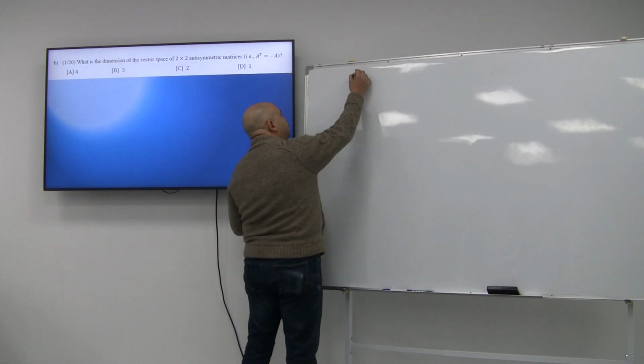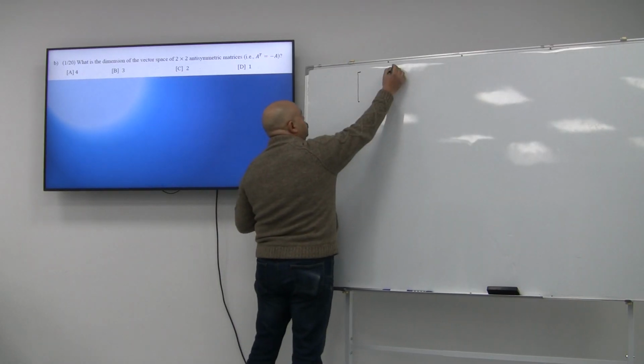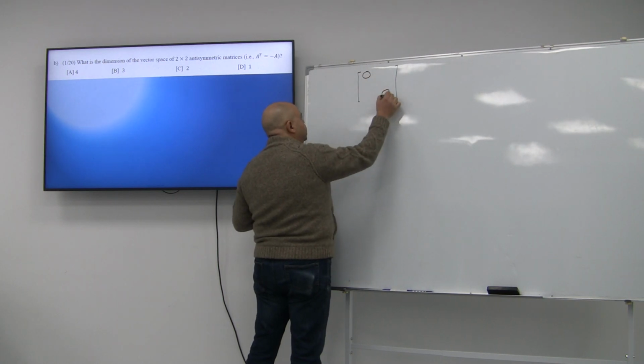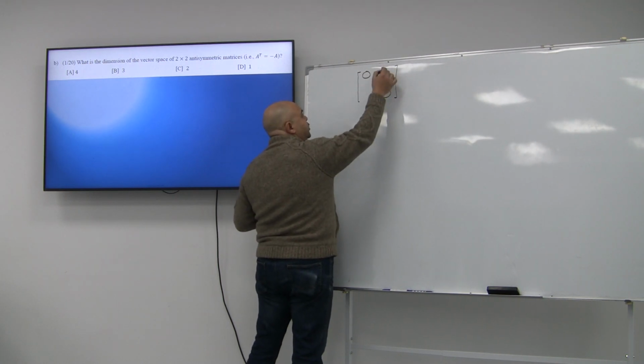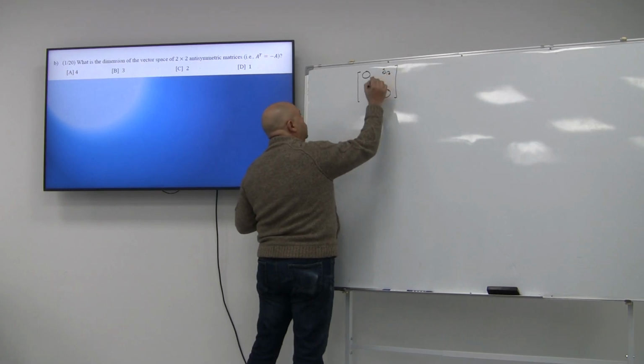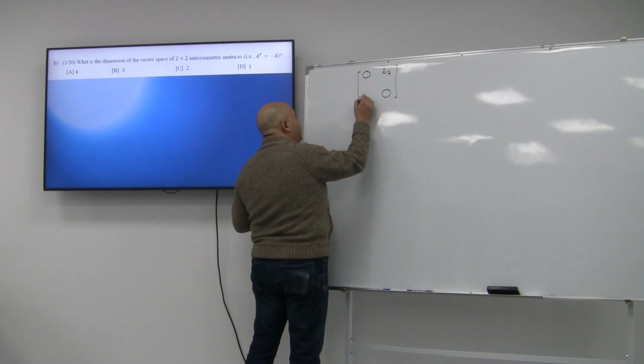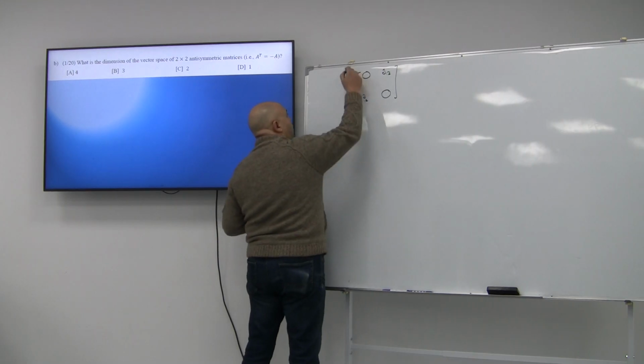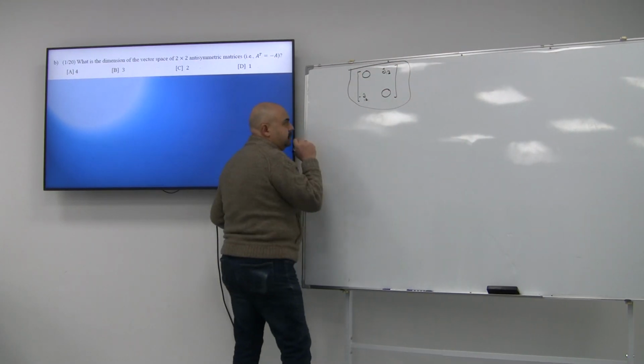A 2 by 2 skew-symmetric matrix is going to be of this form: 0, 0 on the diagonal, then I will have this value, which is A of 1,2, and I will have the opposite value on the second row, so it's going to be negative A1,2. This is the form of a skew-symmetric matrix.